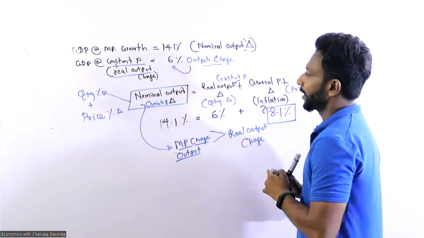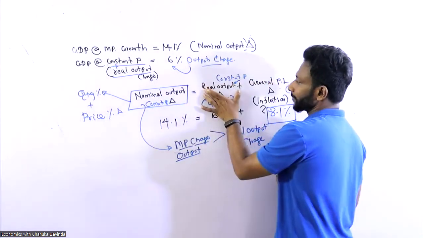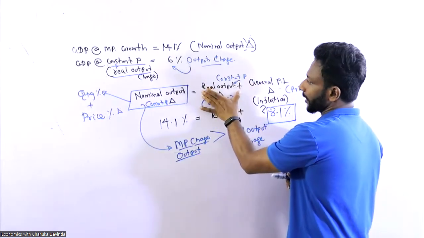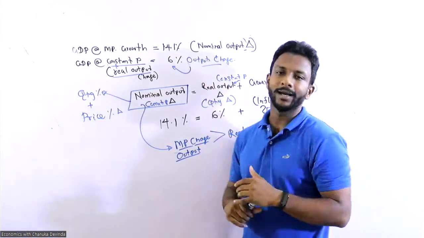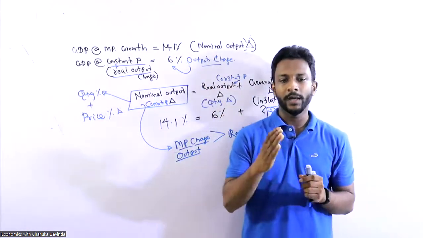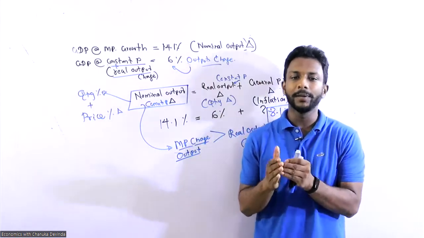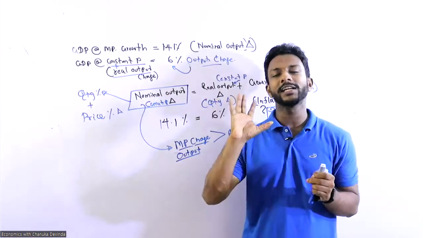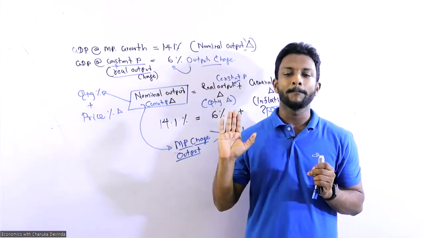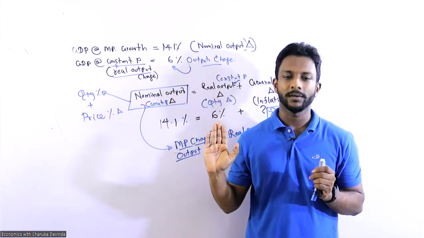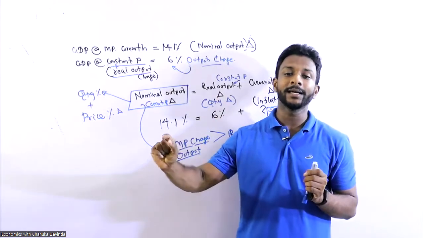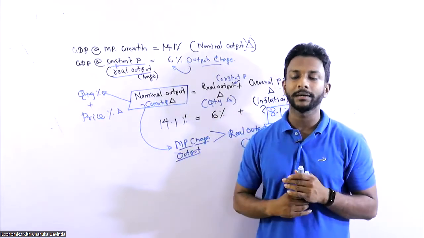So obviously, inside the nominal output there is a constant price and a general price, but in the constant price it's only output change. The final point says GDP growth at constant price is relatively lower than GDP calculated at market price or current price, right? Because constant price has eliminated the inflationary effect of GDP at current price.